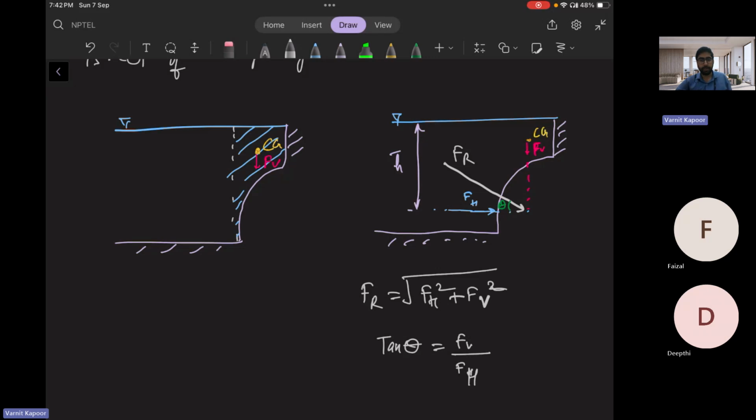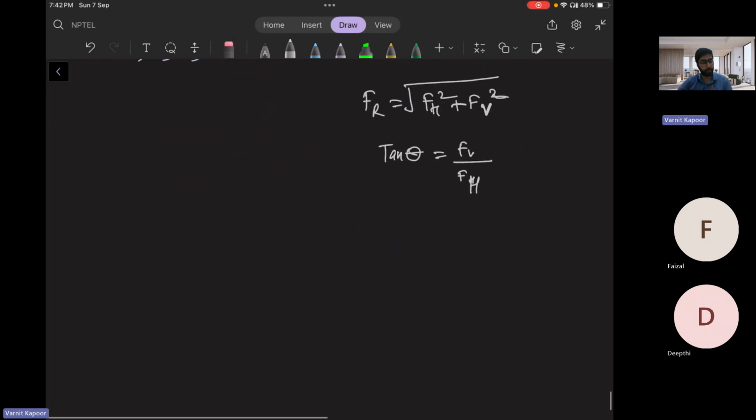Now, suppose there is a scenario where there is no liquid above the curved surface. How will you calculate the vertical force there? Horizontal will be the same, but how will you calculate the vertical force?